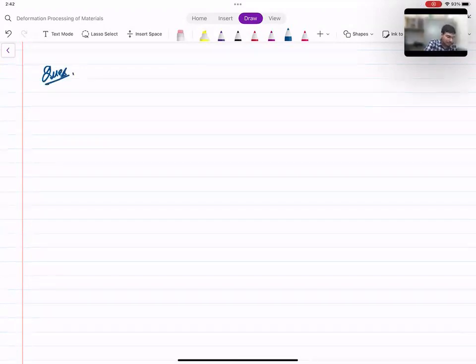So we are given d naught as 10 mm, df will be 8 mm here, and the flow stress here, say it is average flow stress, is approximately 400 megapascals.